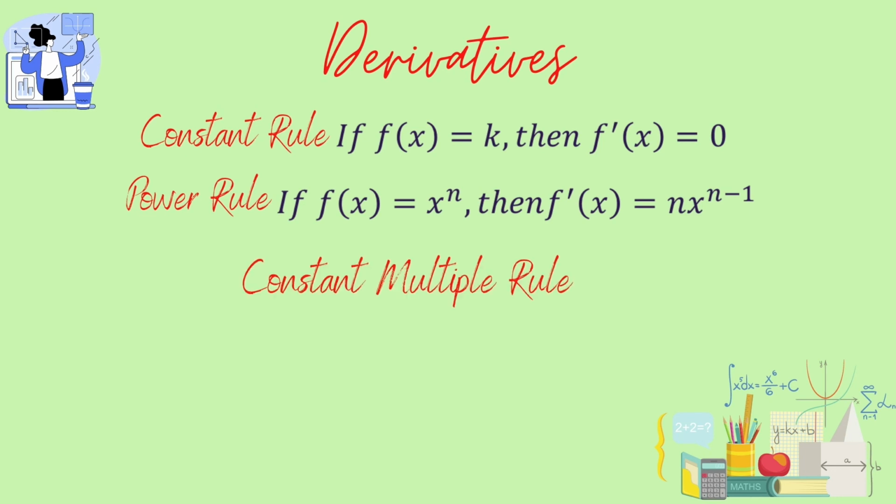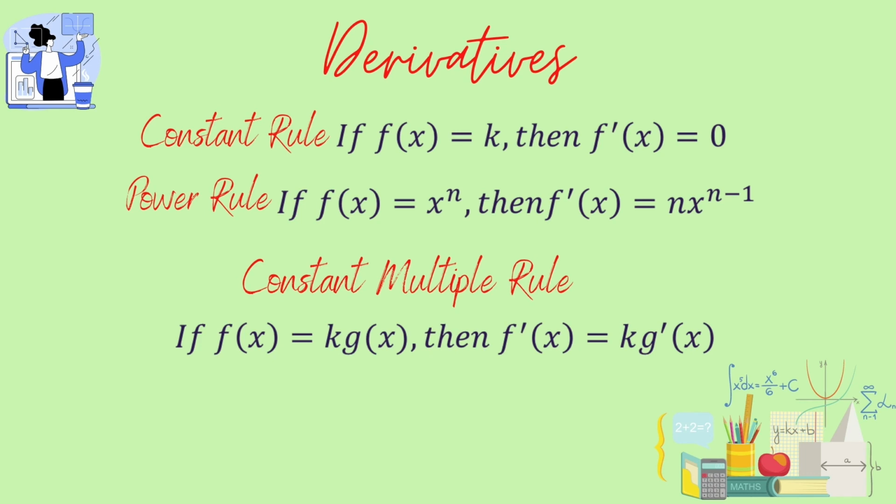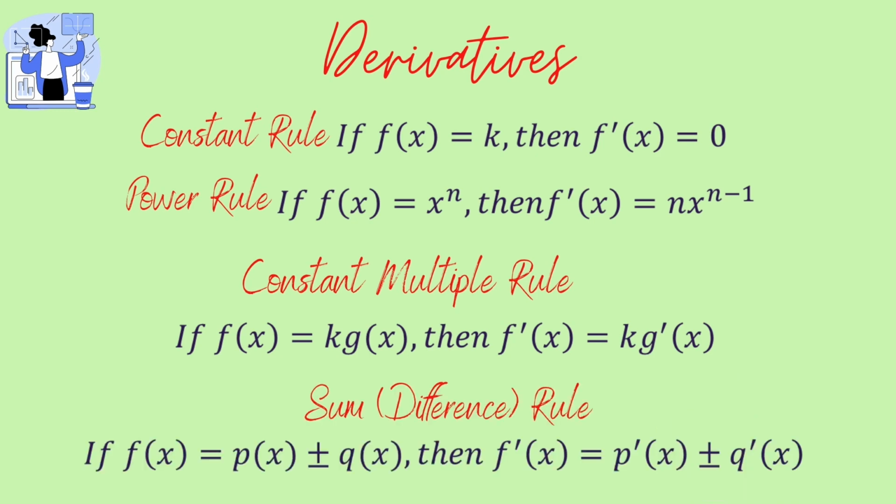If a function is the product of a constant times another function, then its derivative is the constant times the derivative of the other factor. The derivative of the sum of two functions is the sum of their derivatives. Similarly, the derivative of the difference of two functions is the difference of their derivatives.